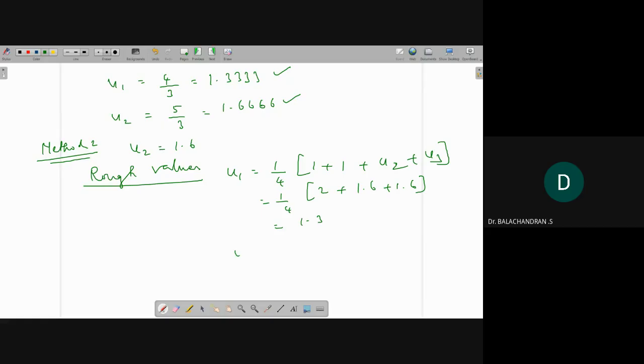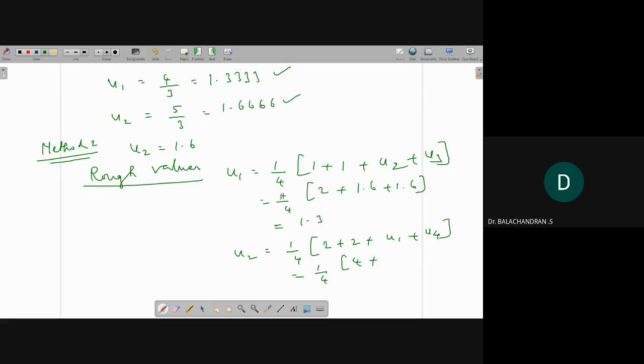And U2 again. U2 is 1 by 4 into 2 plus 2 using the standard 5-point formula, U1 plus U4, which is equal to 1 by 4 into 4 plus U1 plus U4.